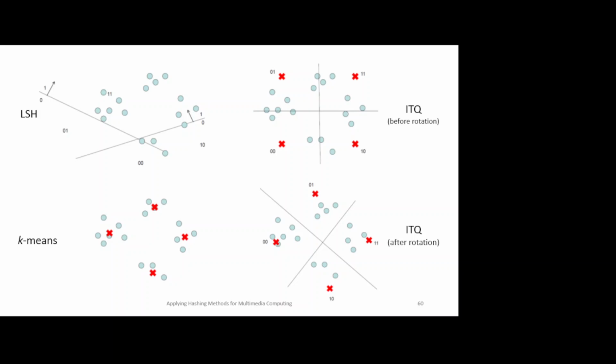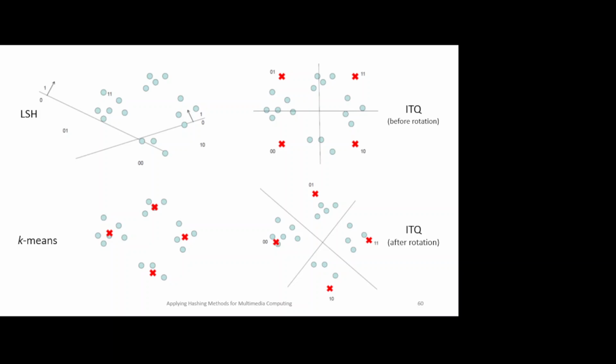You can see from this figure that the quantization error to the binary code is very large. For example, here the code is 00, and the error for this point to 00 is very large. Each data point has a very large quantization error.